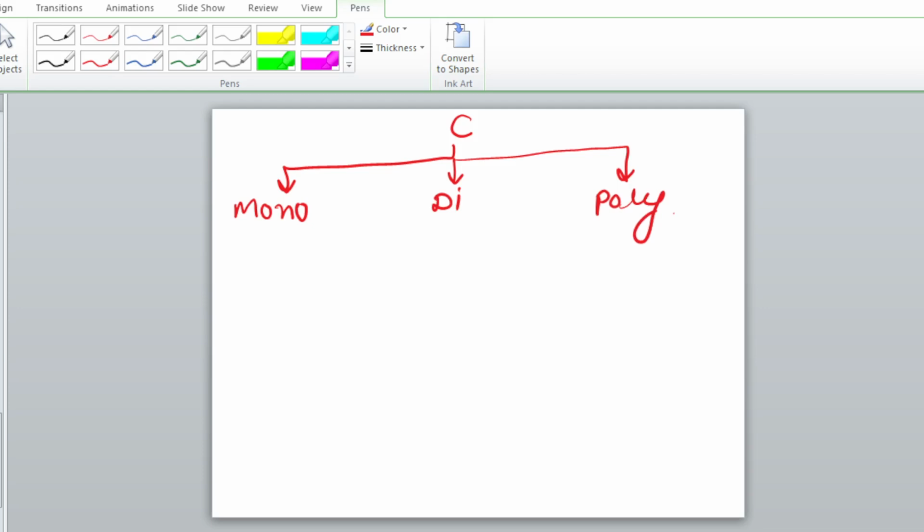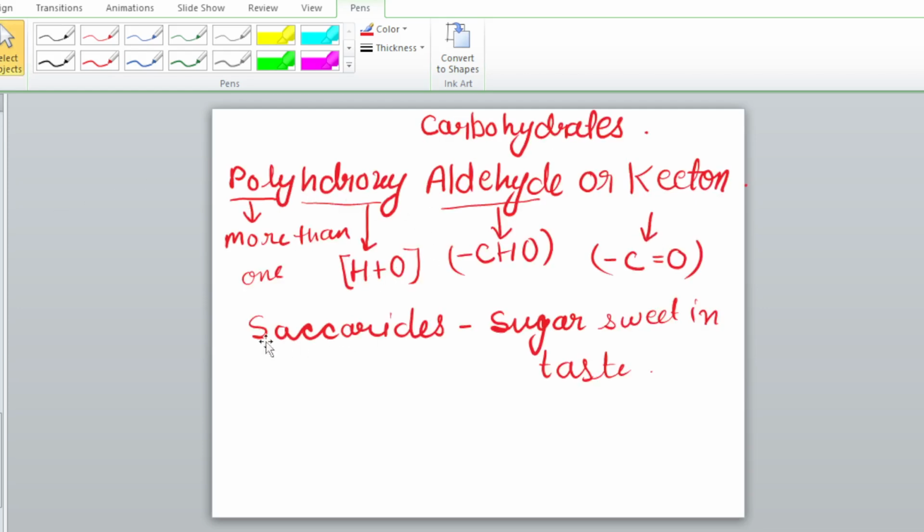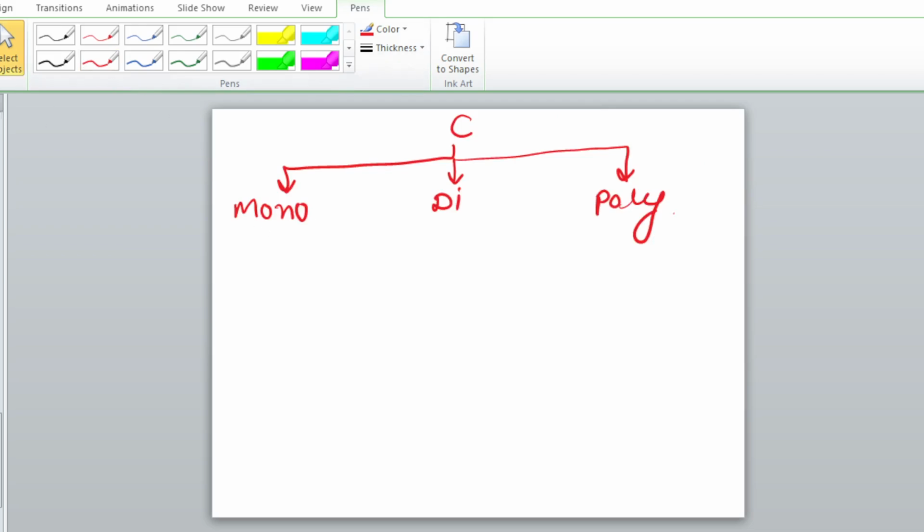In the previous slide we learned what a saccharide is. The term saccharide is used for those sugars which are sweet in taste. Carbohydrate is basically divided into monosaccharide, disaccharide and polysaccharide.